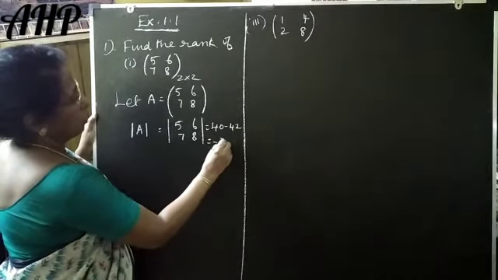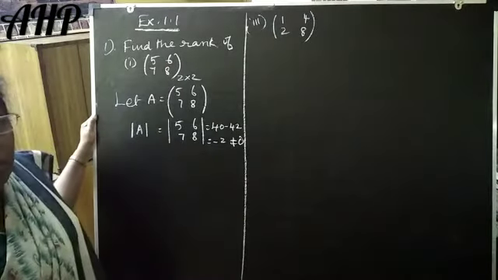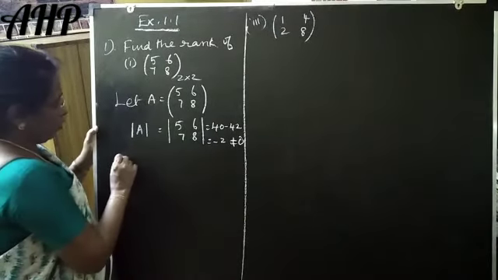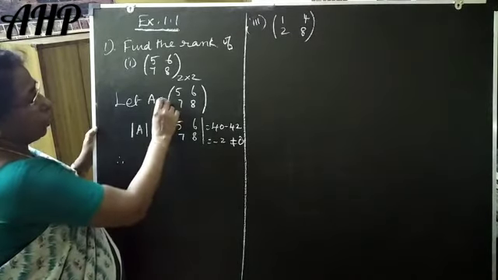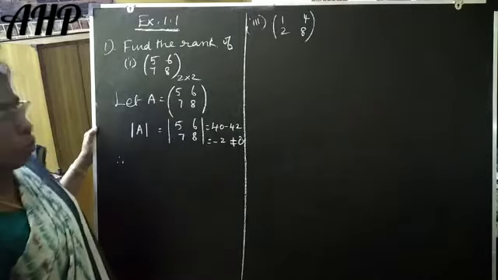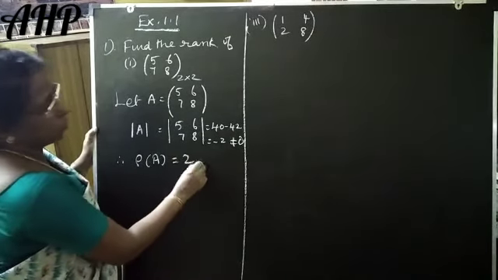This is equal to minus 2, not equal to 0. Therefore, A is non-singular. Therefore, the greatest minor of A is of order 2. Therefore, rank of A is equal to 2.